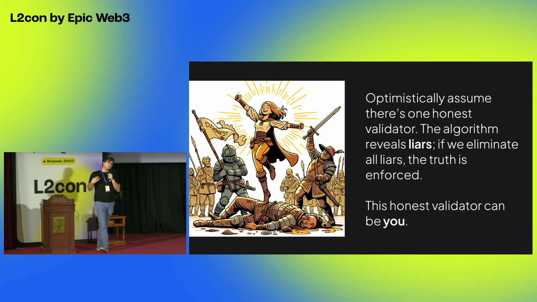And if we optimistically assume there's one honest person who's telling the truth, that honest person will be able to prove everybody else is a liar, and thus the truth will be enforced. So it's not direct. There's this indirection that we assume there's one honest person. And the cool thing is that this one honest person can be you, so you don't need to delegate trust to anybody else. You can just participate yourself and then enforce the correct result.